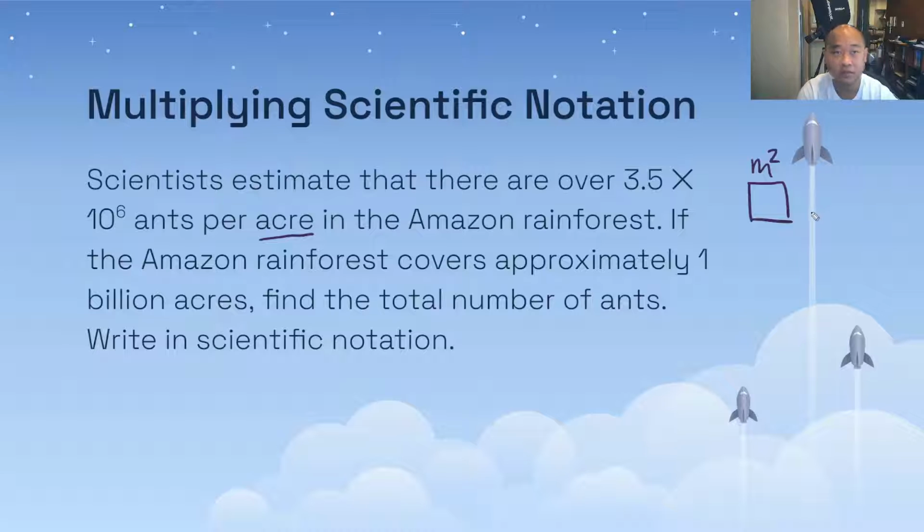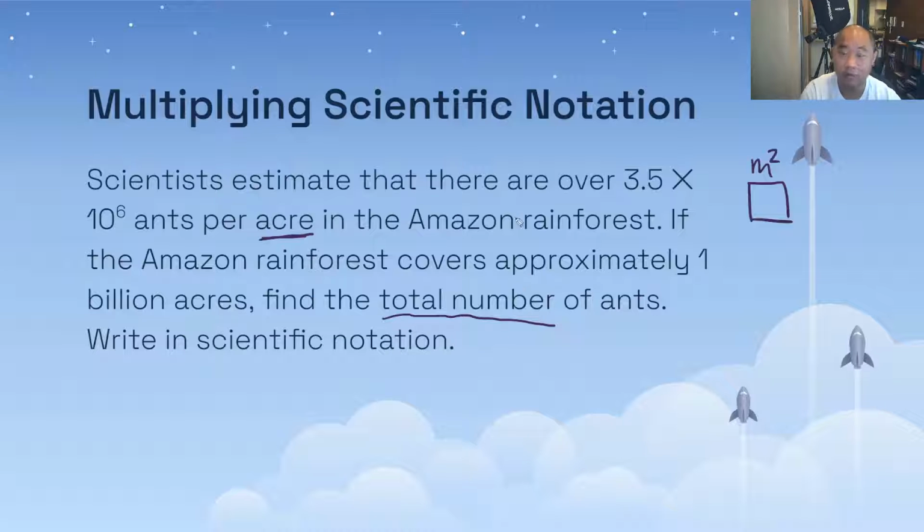Like my house is 45 ping. What else do we use? We use square kilometers. So that's what an acre is. It's a measurement of area. And in 1 acre, there are 3.5 times 10 to the 6th ants. So if the Amazon rainforest covers approximately 1 billion acres, then what is the total number of ants? That's what it's asking us to find.